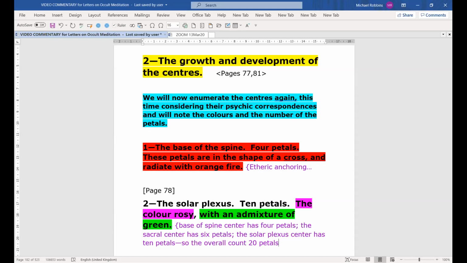And then the solar plexus center with 10. Now that's 20.